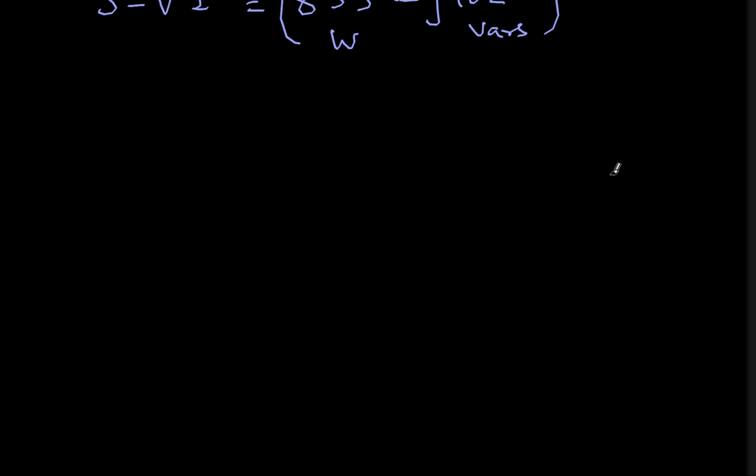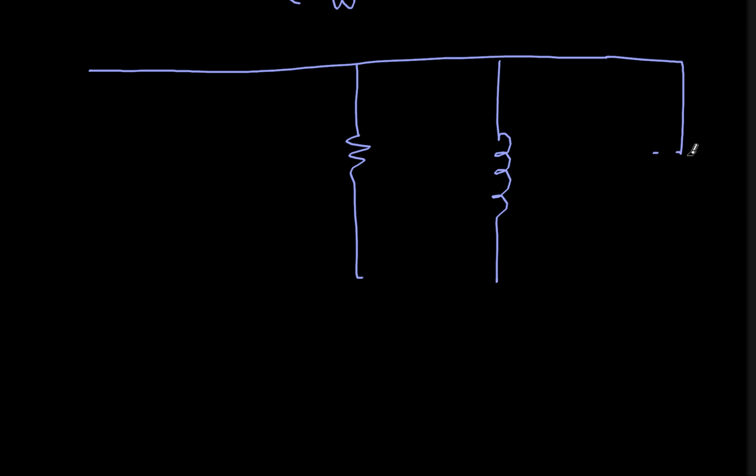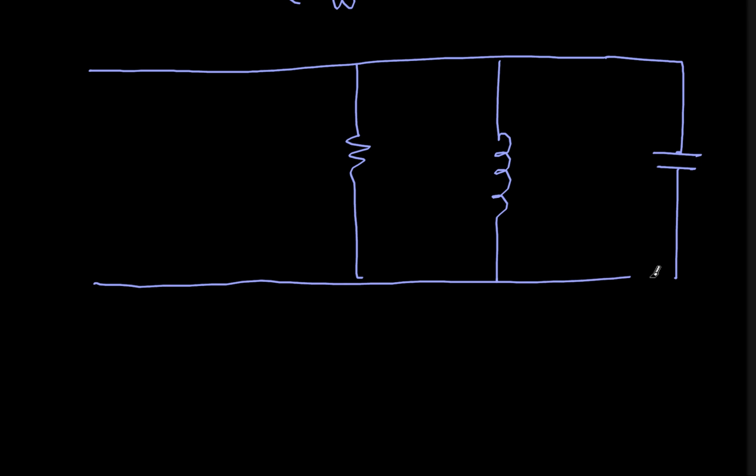Now, to get this understanding a little bit further, let me draw the same circuit in a slightly bigger notation. So this is the resistance, this is the reactance, and this is the capacitance. For all the three branches, they are all parallel.